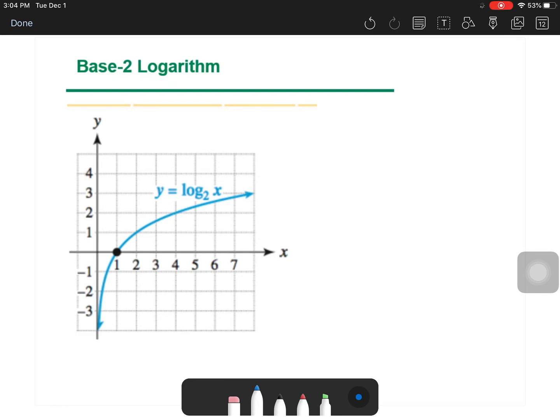Okay, so it doesn't have to be a base 10. If it's not a base 10, then they have to write what the log base is there. So this is log base 2.